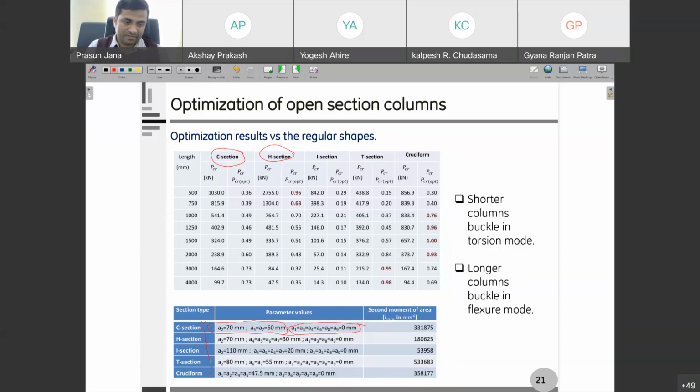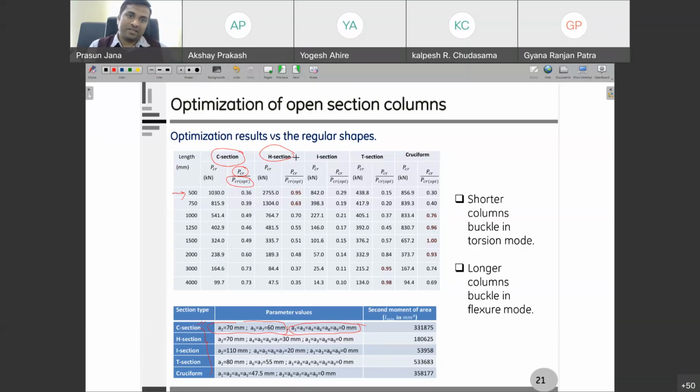These are regular sections, and if we take a regular section, we get the buckling load P critical, and then we compare it with the P critical of the optimum solution. What is the ratio of these two? Here you can see when the length is small, the ratio is higher for each section.